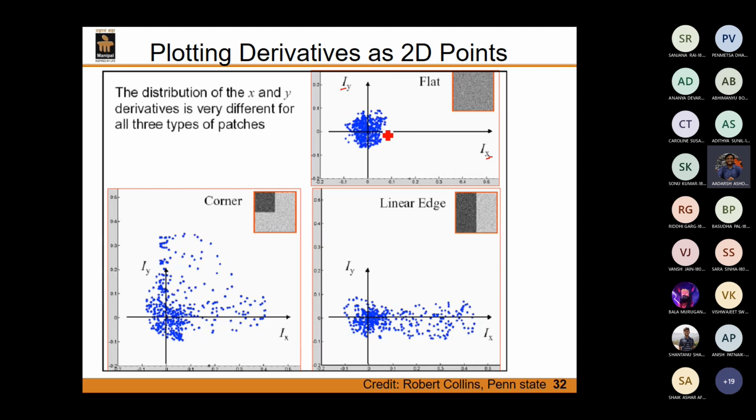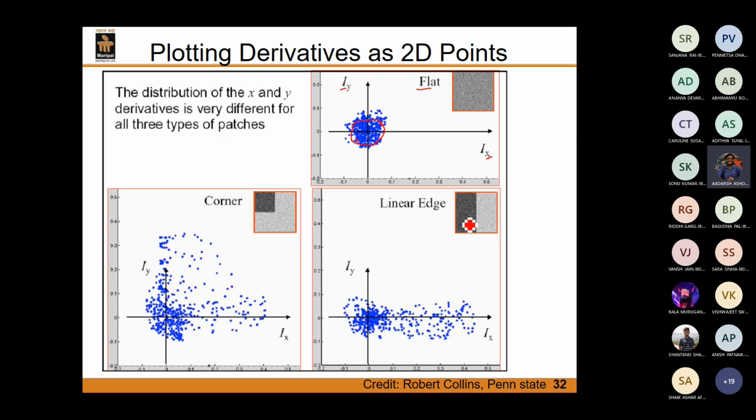Not significant in the sense that, looking at the magnitude, it is low and concentrated around the origin. You do not have any large non-zero values for the gradients over here. So by looking at this distribution, you can assume that it is almost a flat region, because you do not have any significant gradients.